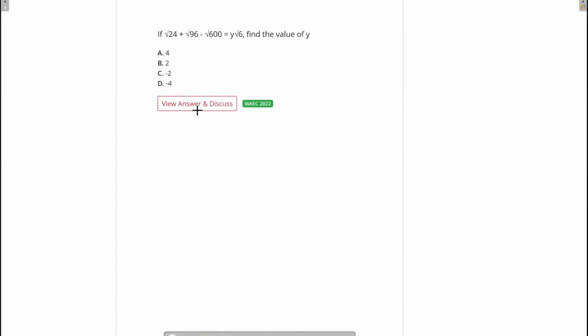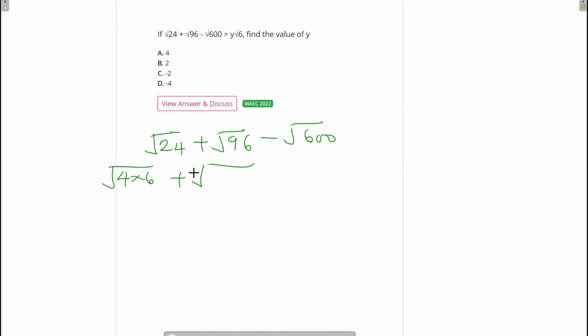The last one, we have root 24 plus root 96 minus root 600. Let's simplify it and see maybe we have root 6 again. Root 24, which factor is a perfect square? That would be root of 4 times 6. For 96, let's look for 16 times 6.